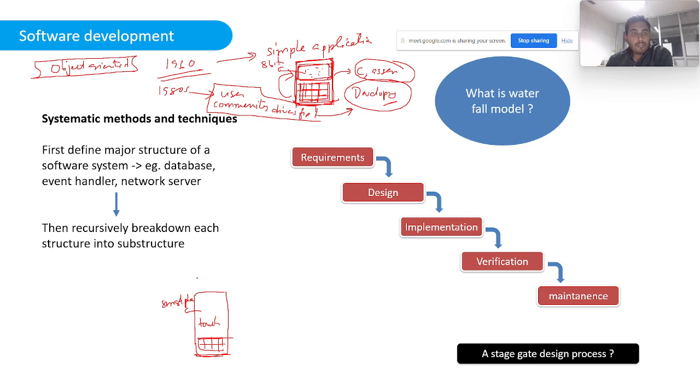What was realized back in the 1990s is that the software development process can be made systematic. This systematic methodology and these techniques allow the scientific community and computing professionals to develop much more complex applications and products.